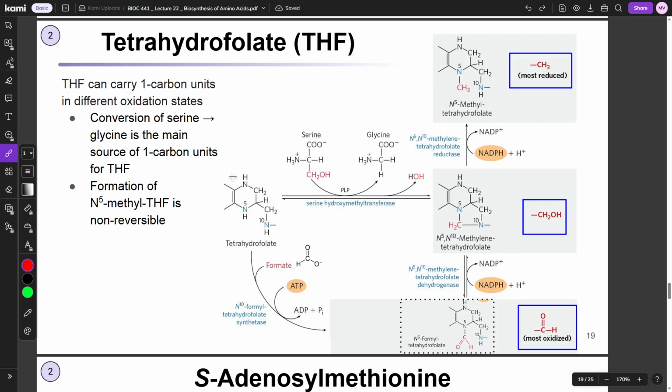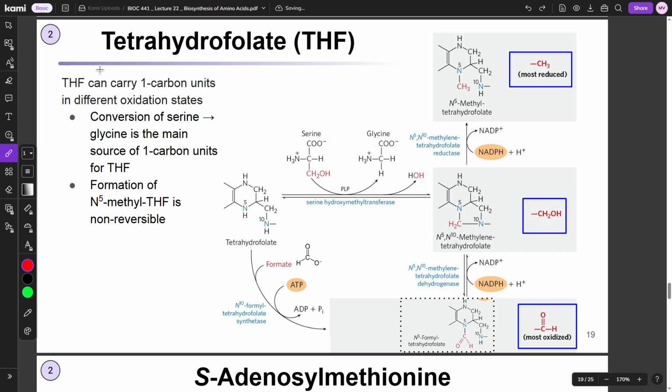But essentially what's important about this scheme here is, we talked about how THF carries one carbon units in different oxidation states. It's the main source of one carbon units, and stuff like that. So, sorry, I should rephrase that.